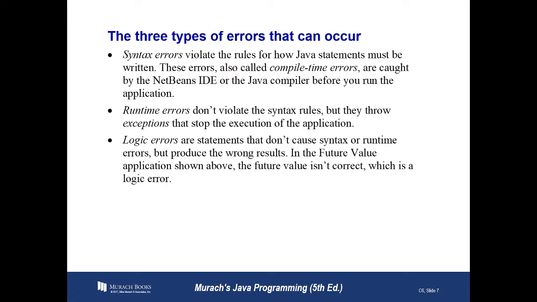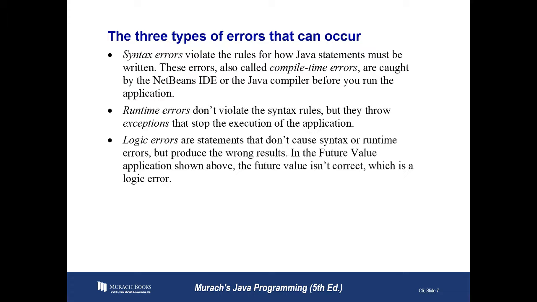Next, runtime errors are those kinds of errors that don't violate syntax rules, so everything compiles fine, but some sort of exception or error condition is encountered when the program is executing. Logic errors are statements that don't cause syntax or runtime errors, but can produce the wrong results.